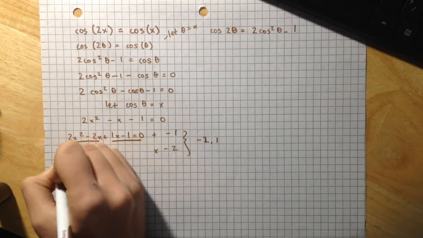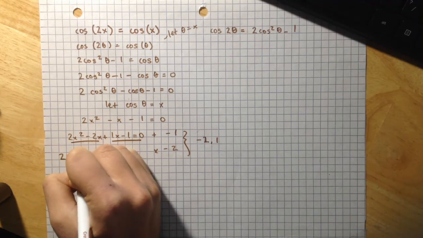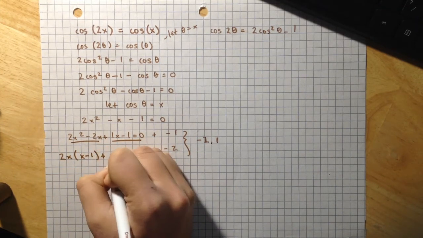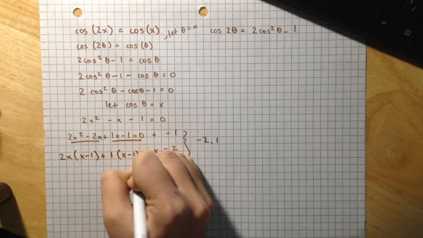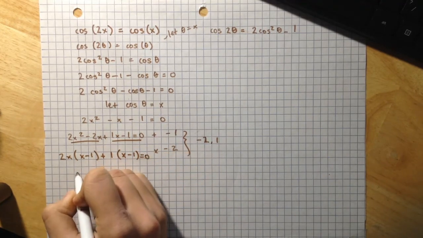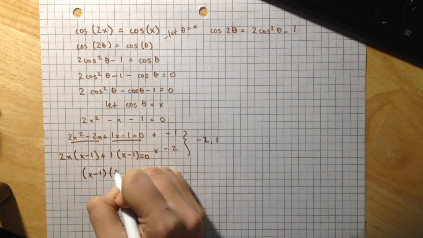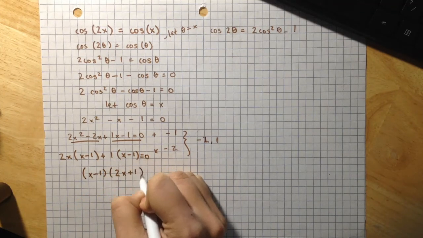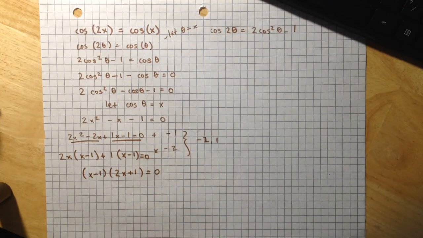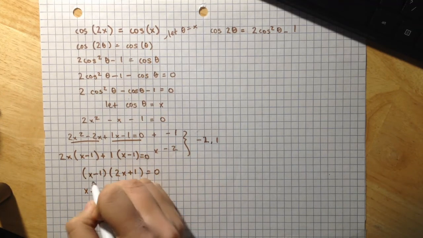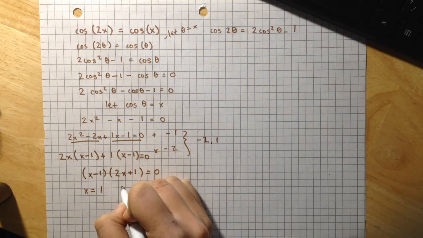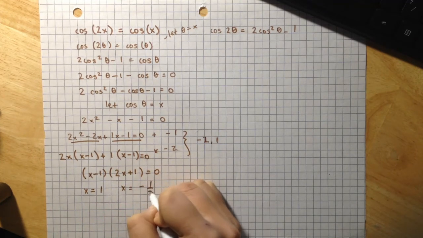Factor by grouping. 2x times x minus 1 plus 1 times x minus 1 equals 0. And so our two factors are x minus 1 and 2x plus 1 equals 0. So setting both of these equal to 0 individually, x equals 1 and x equals negative 1/2.